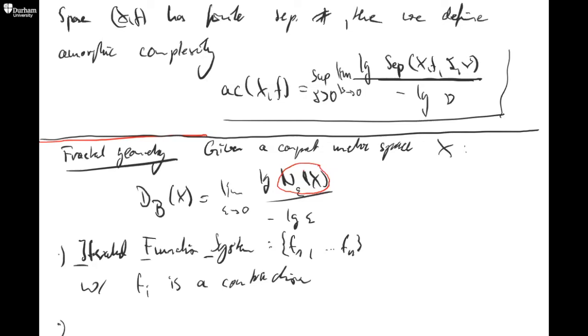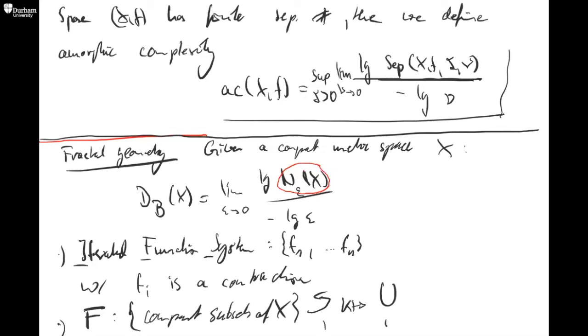So we may define a map capital F on the set of all compact subsets to itself by sending a set K to the union i equal 1 to n of Fi of K. Okay.